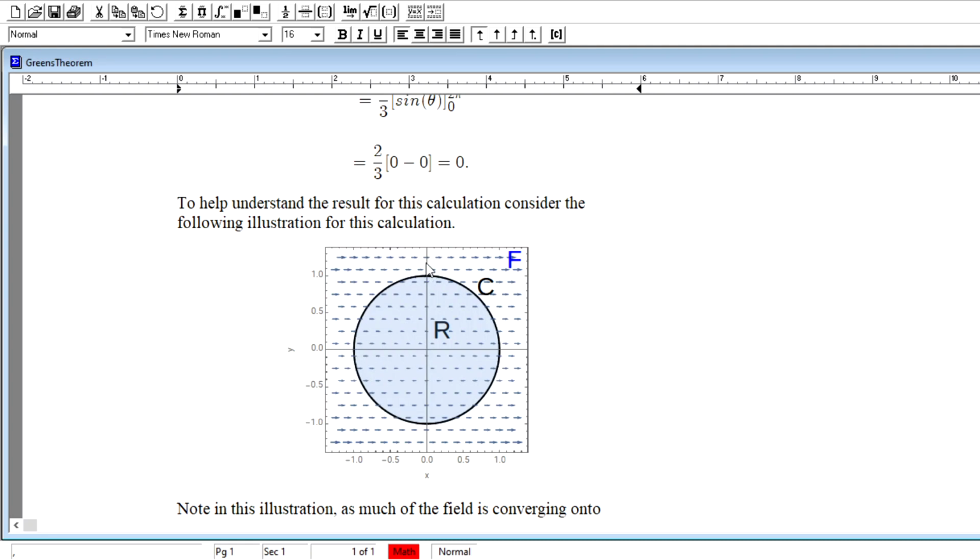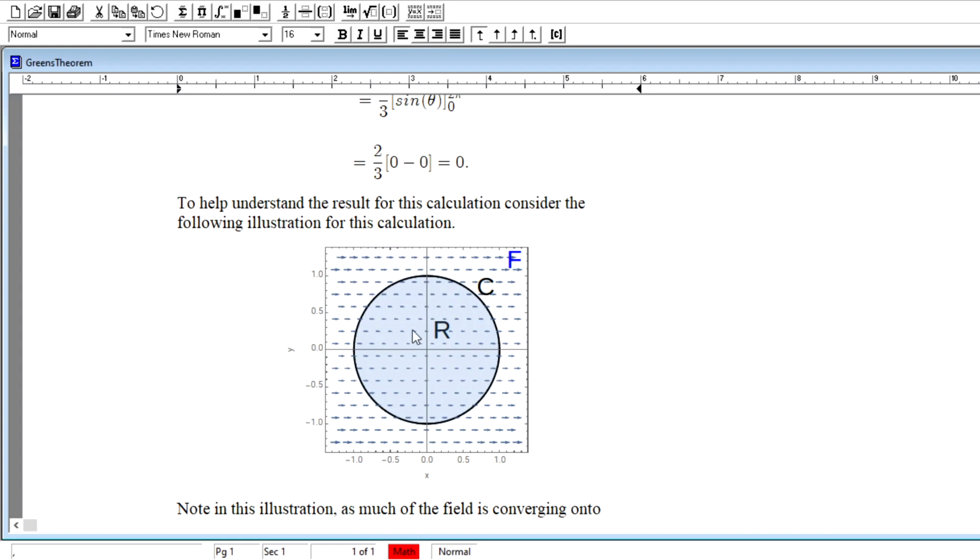There's the exact same amount of values to the left of the y-axis where you have negative x values, where the convergence on those points yielding negative values is equivalent to the divergence that we see at all these points on the right half of region R, where we're diverging away by a value of 2 times x for positive values of x.